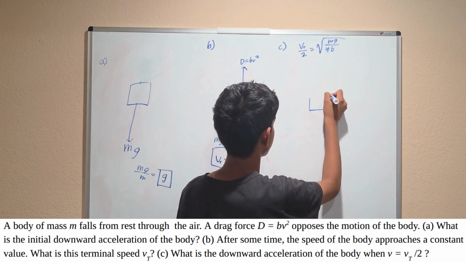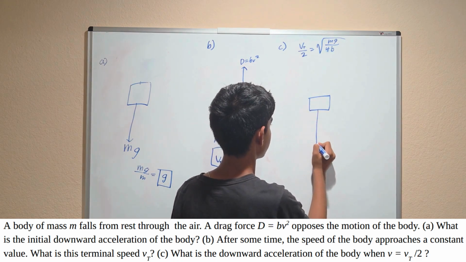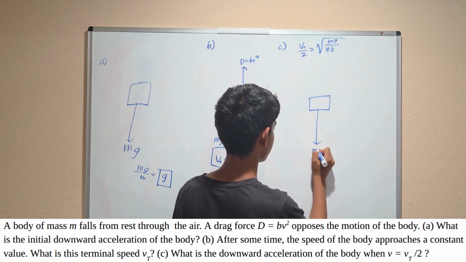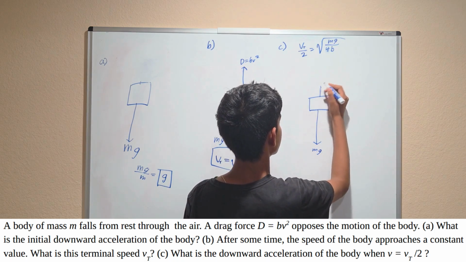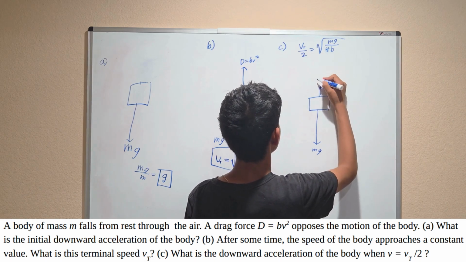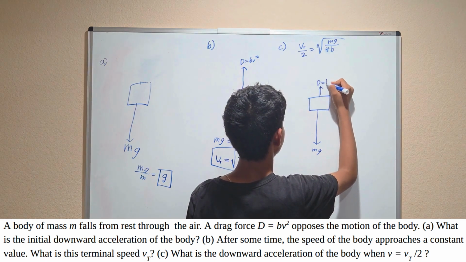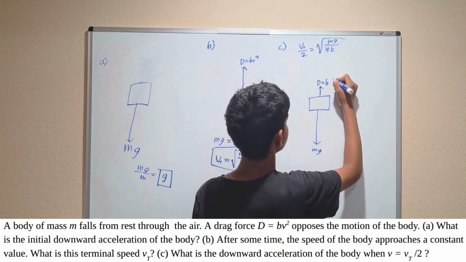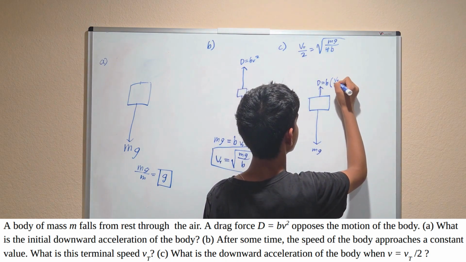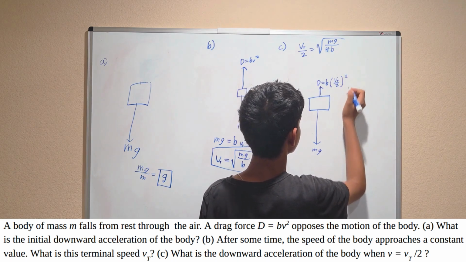Drawing a free body diagram once again, we have this downward force of mg and an upward force due to drag, which is equal to b v squared, but v is this vt over 2 squared.